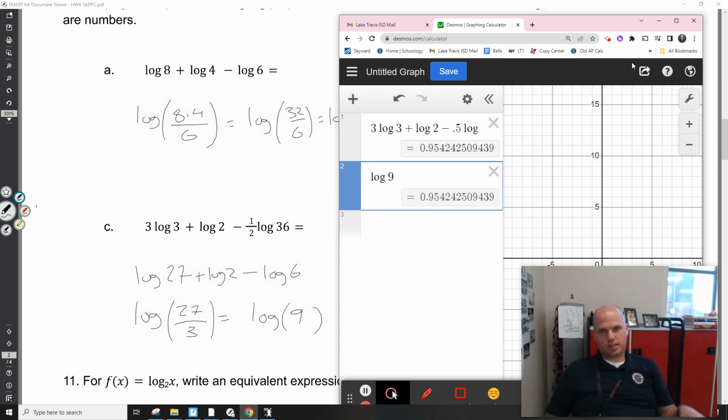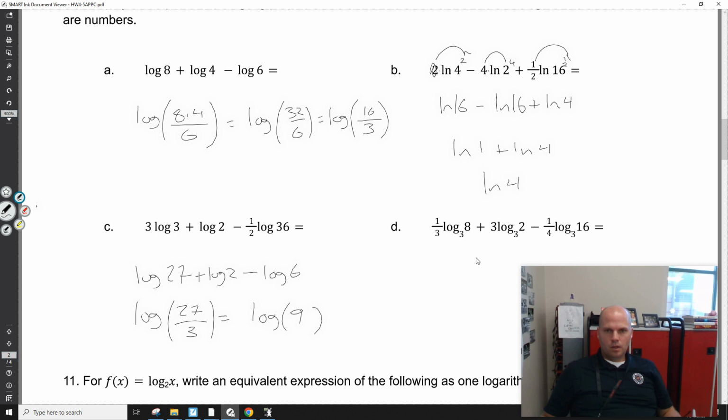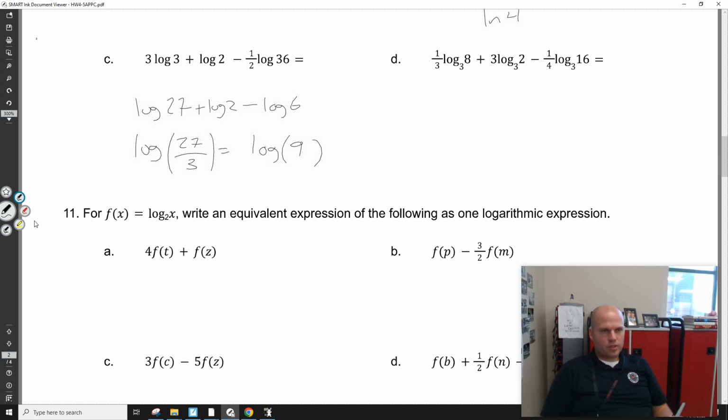Make sure you have the right base, and you're good. All right. Probably won't check this one. The cubed root of 8 is 2. 2 cubed is 8. The fourth root of 16 is 2. 16 divided by 2 is 8.